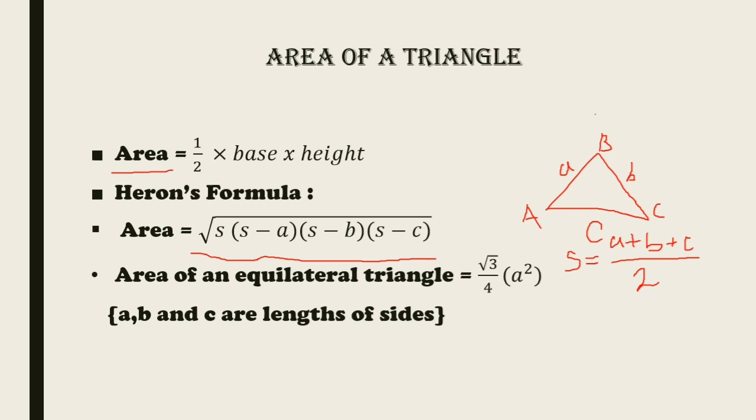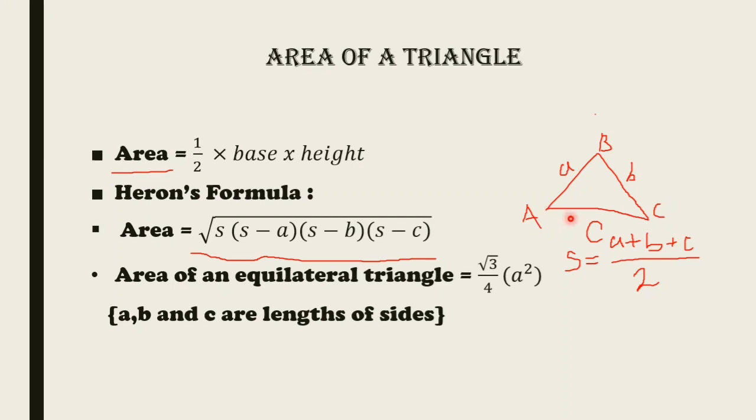After finding S, we put these values into the formula, that is square root of S into S minus a, into S minus b, into S minus c. This is how we get the area of a triangle by another formula, Heron's formula, when we know the lengths of all three sides of a triangle.